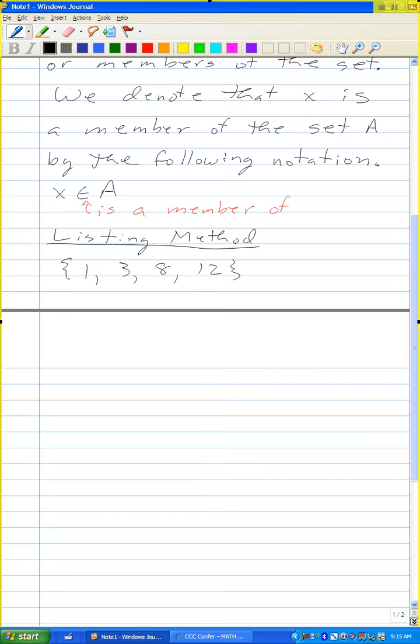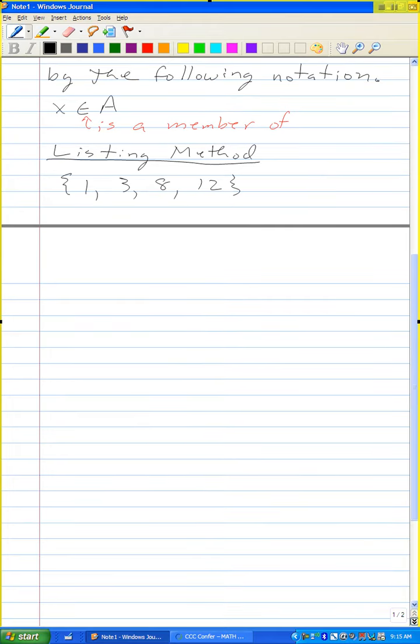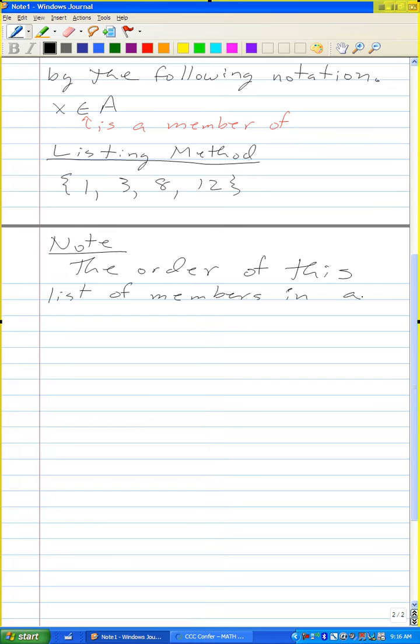When you list out the members of your set, order does not matter. The order of this list of members in a set does not matter.